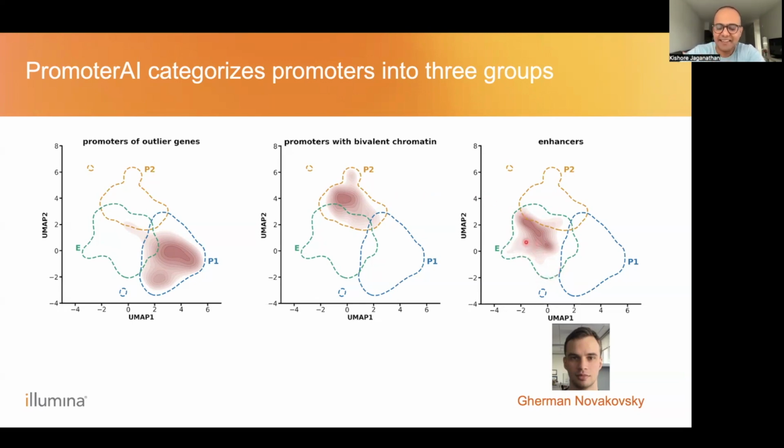That tells us that the 6,000 or so promoters that fall in the third cluster have very enhancer-like characteristics. These might very well be enhancers that are doubling up as promoters, meaning they might be transcribing the sequence downstream of them. So those are the three main categories of promoters that Promoter AI described.